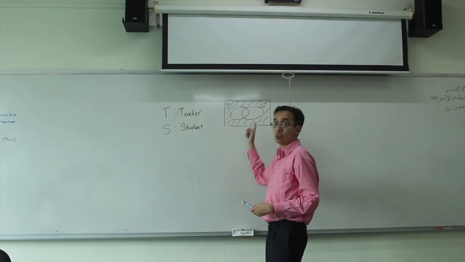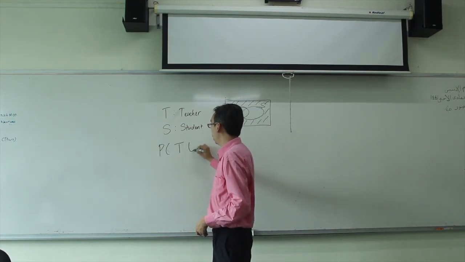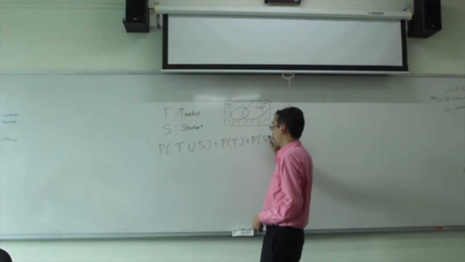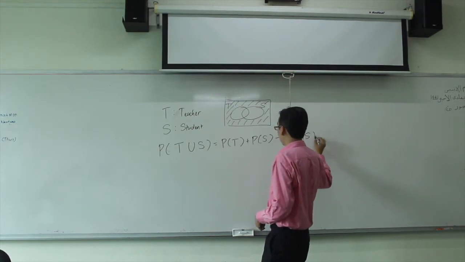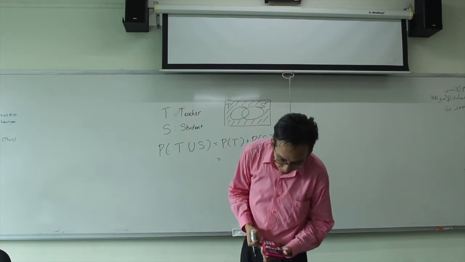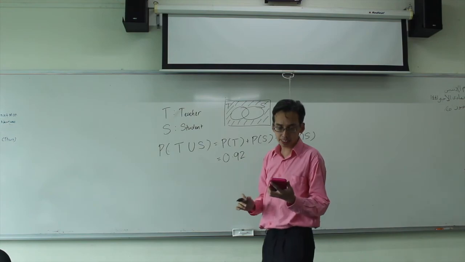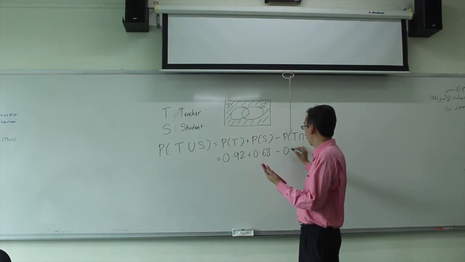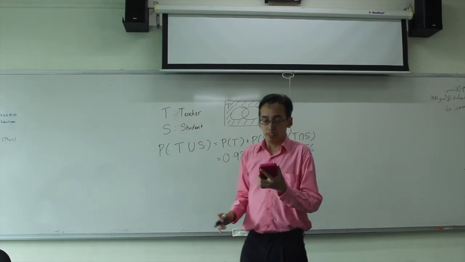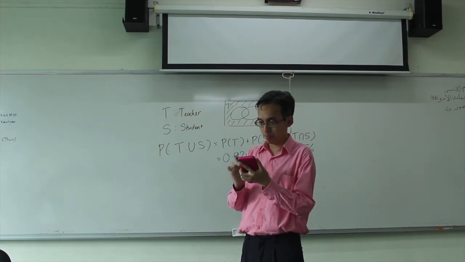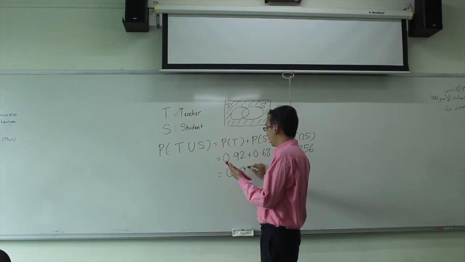To find these two, in set notation it is probability of T union S. T union S is given as probability T plus probability S minus probability of T intersect S. Probability T is 0.92, probability S, if I remember correctly, is 0.68, and we subtract the one we calculated earlier, probability T intersect S, 0.6256. Calculating that out, I get 0.9744.